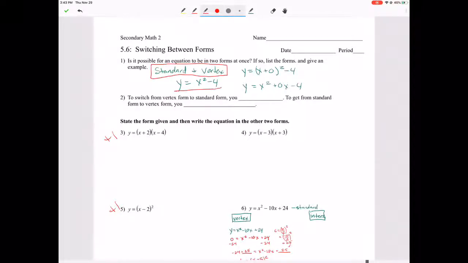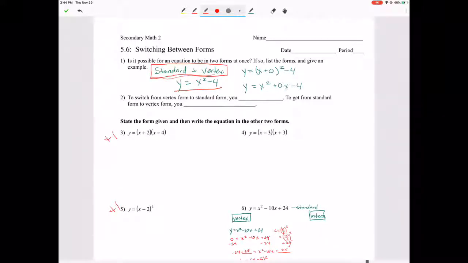So looking at this problem, it is in standard form where b equals 0, our middle term is missing. And this is also vertex form where h is 0. Okay, so this equation is in both forms. So if you give a problem like that on the test or in your homework, you can go straight and do either way that you would like. Okay?